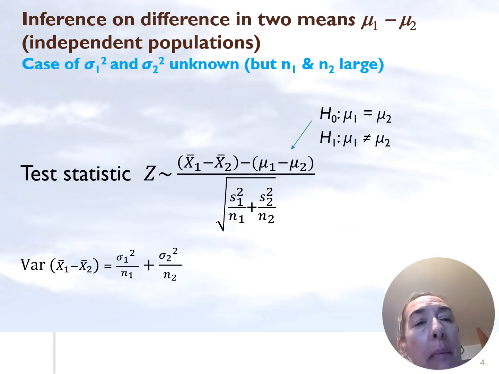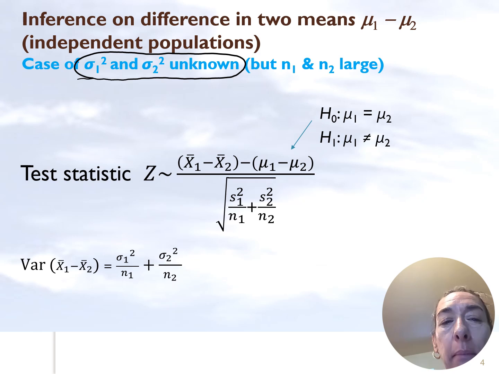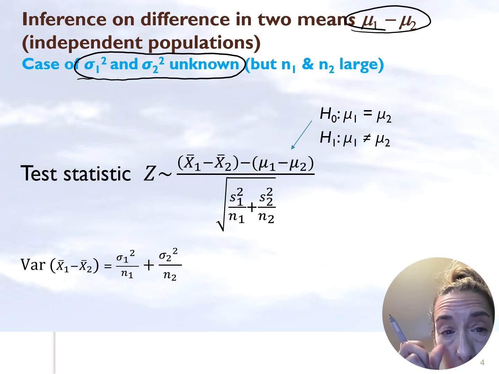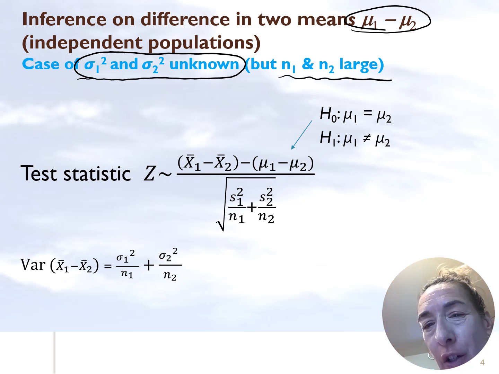Let's now talk about the case of our population variances unknown, or sigma 1 squared and sigma 2 squared unknown. We're still doing inference on the difference in two means, but the population variances are unknown. However, we have the advantage that our sample sizes are each large.